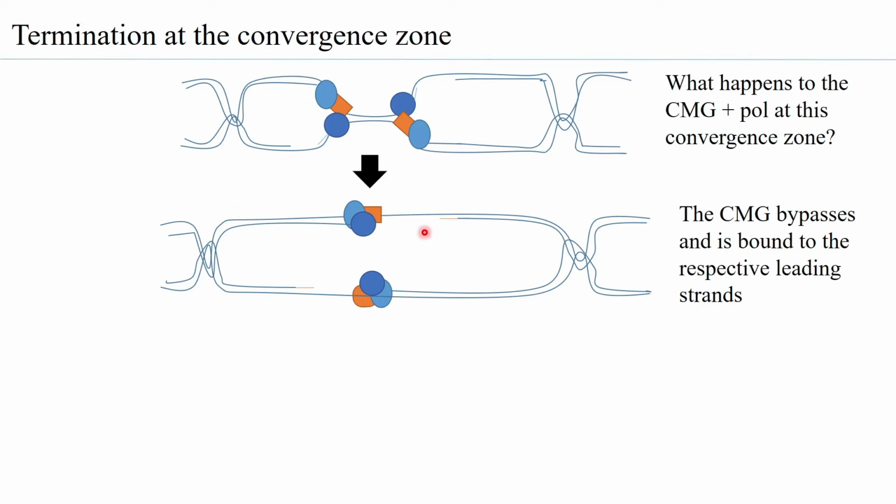However, in the eukaryotes, it's not the same. You have one DNA polymerase that is synthesizing the leading strand, and you have another polymerase, which is the DNA polymerase delta, that is synthesizing the lagging strand. Moreover, the DNA pol delta also is associated mainly with the CMG, and it is proved that the CMG is associated with the leading strand and not with the lagging strand.